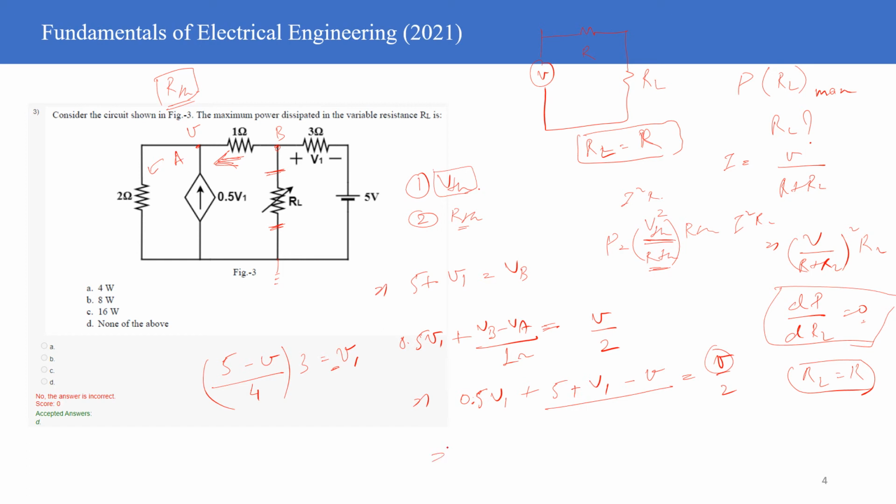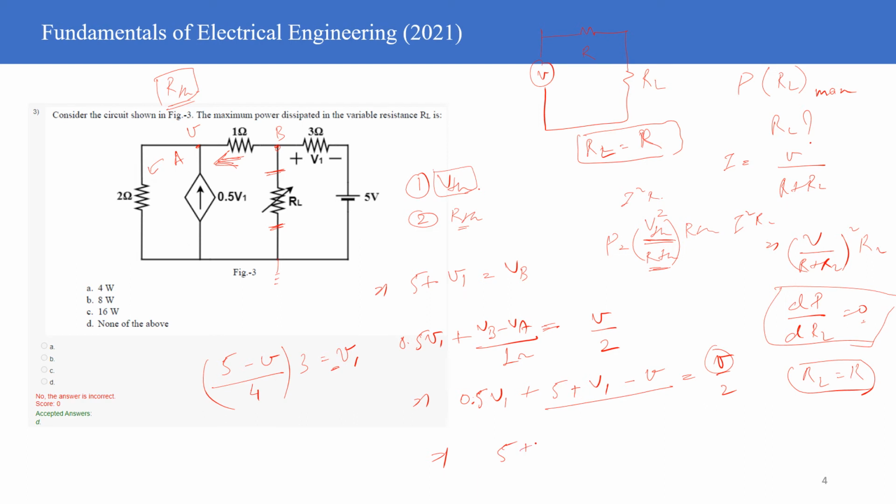Now you can put this in this particular equation. What do I want? I want V1, because if I have V1, then I can know the Thevenin's voltage across this. So I'll substitute V in terms of V1 from this equation.